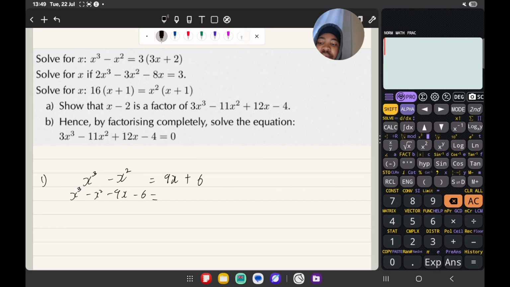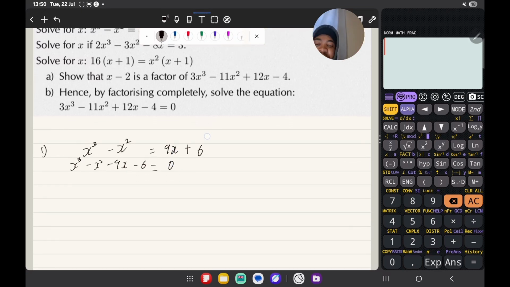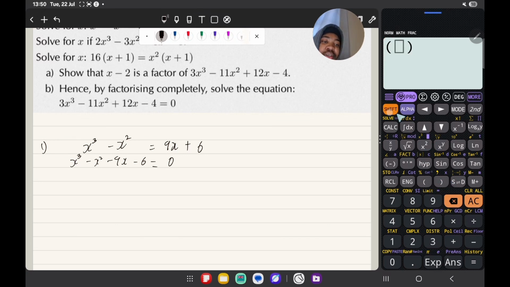Then what can we do after? We have 0. Then after here, it's you looking for the factors. Right, start with 1, let's go for 2, maybe 3.